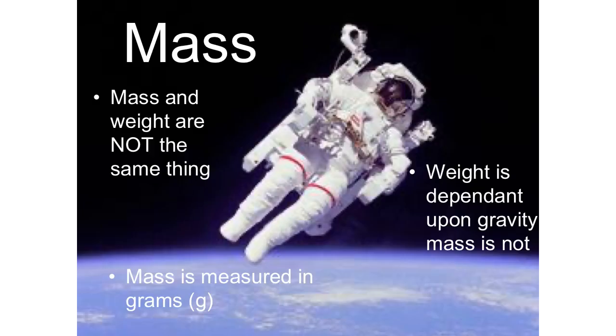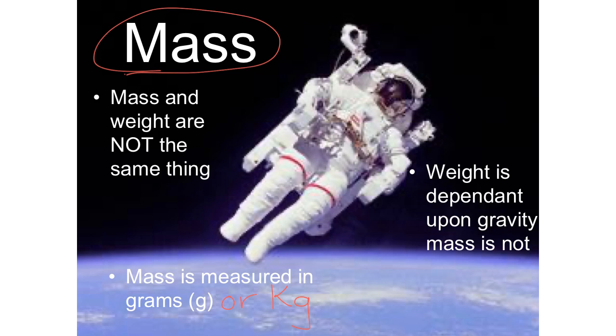All right, first thing is mass and weight. Obviously mass and weight are related, but they are not totally the same thing. Mass is going to be measured in grams or kilograms, depending on the size. Mass is independent of gravity.